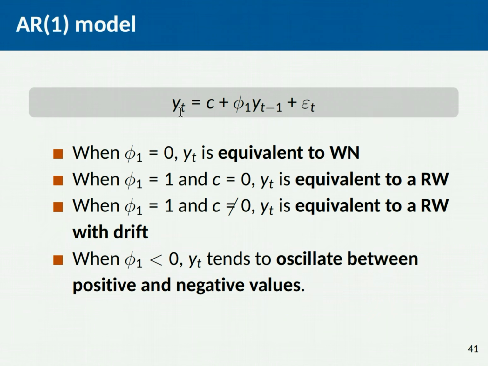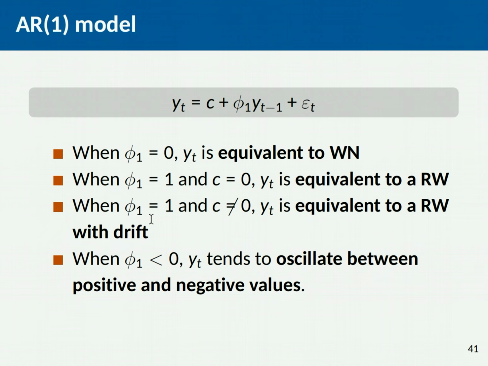So you would just have yt equals c plus epsilon t. When phi1 equals 1 and the constant term is 0, this is equivalent to a random walk, which is sometimes heavily used for financial time series.